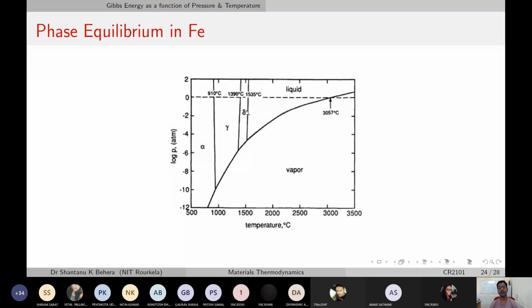Going forward, when you go to about 1390 degrees Celsius, this denser phase transforms into something which is called the delta phase, right? And the delta phase again is a BCC, a rarer, less dense phase. It's not a very common phase of iron, but still it's a BCC phase, and this transformation makes the denser phase slightly rarer.